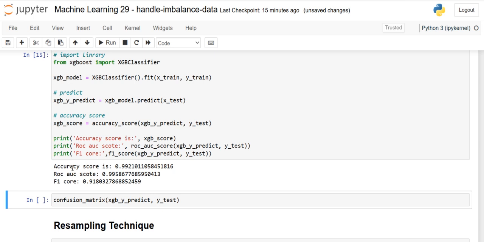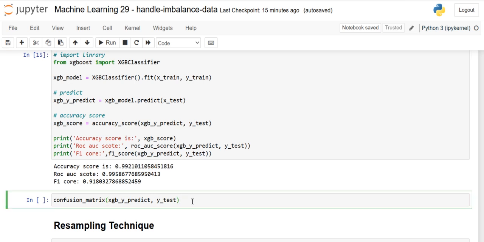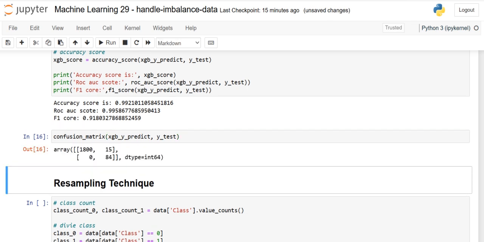Kindly observe here, we can see 99% accuracy. We are getting very high accuracy because it is predicting mostly the majority class, that is non-fraudulent. That is what is specified here. Now, if you want more functionality, on the confusion matrix also we are able to see that it falls under the majority class, non-fraudulent, which is 0, 1.